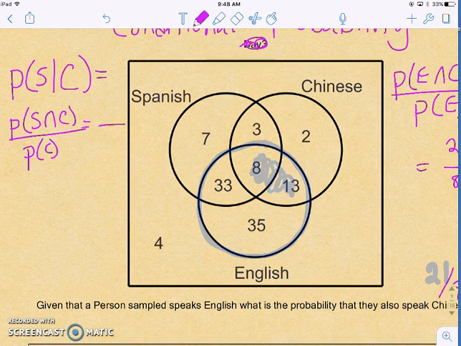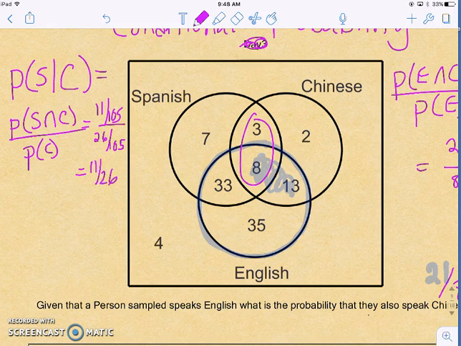So 105 total, how many speak Chinese? 13, 21, 24, 26. So 26 out of the 105 speak Chinese. How many speak Spanish and Chinese? Well, that's just those right there. So 11 out of 105. So this equals 11 out of 26.